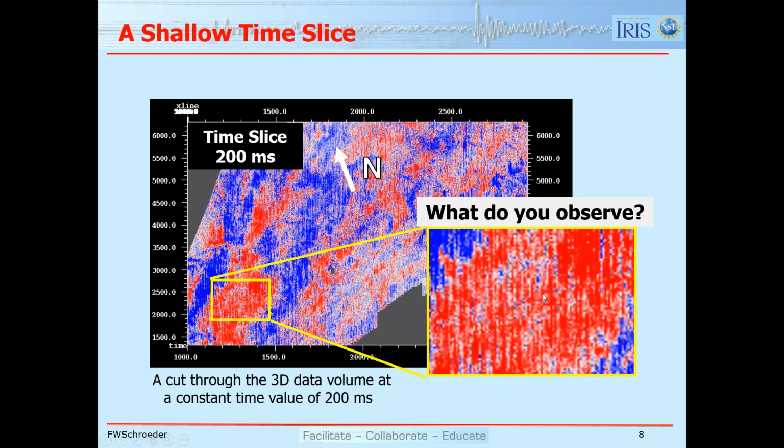Some people call them inline stripes. That is an artifact of not having adequate sampling for the very shallow two-way time depths. As we go deeper, those artifacts will diminish to the point where they're not significant.